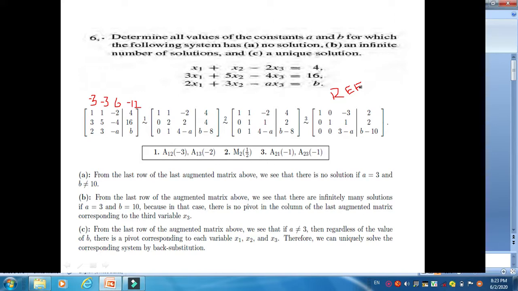So it satisfies the lemma condition for no solution if a equals 3 and b is not equal to 10.